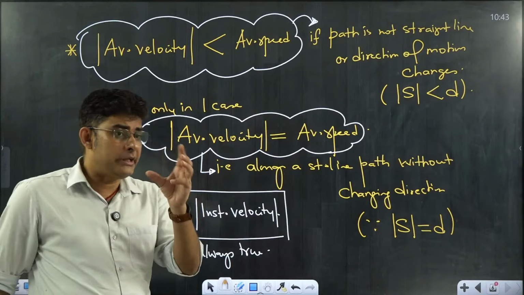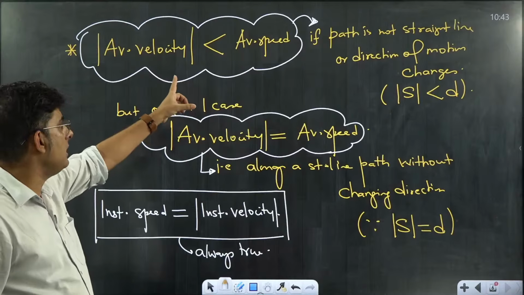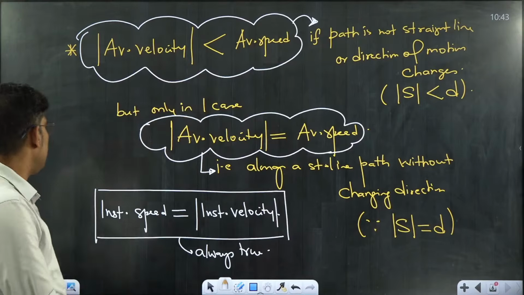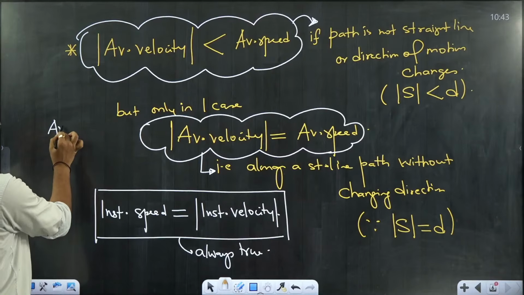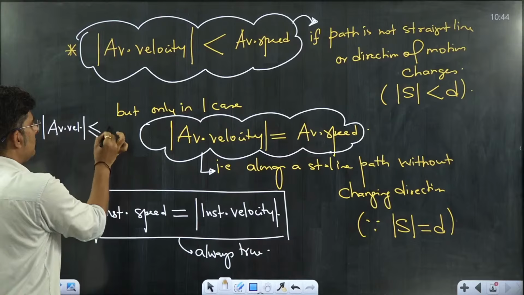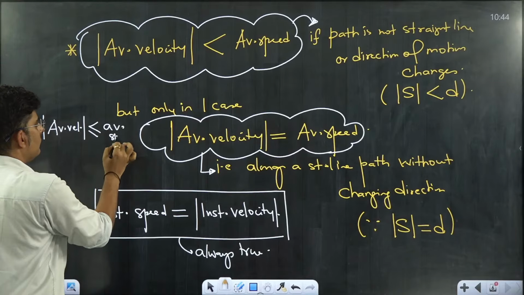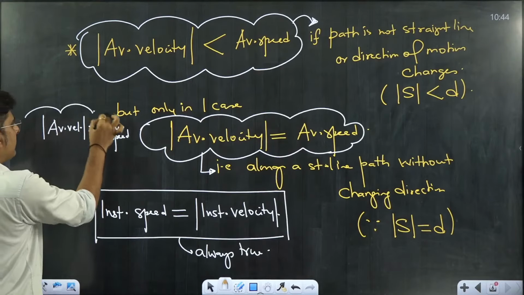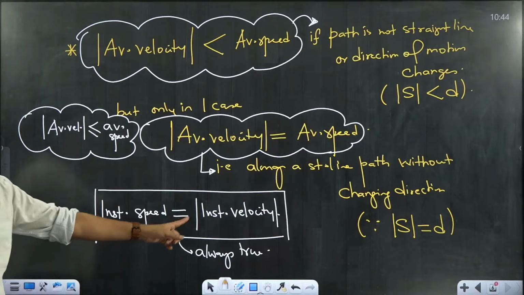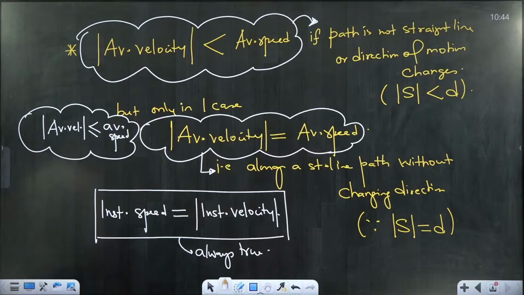So these are theoretical questions which should be clear to everyone. Average velocity magnitude in general is less than or equal to average speed, whereas instantaneous speed and magnitude of instantaneous velocity are always the same. Is it clear?